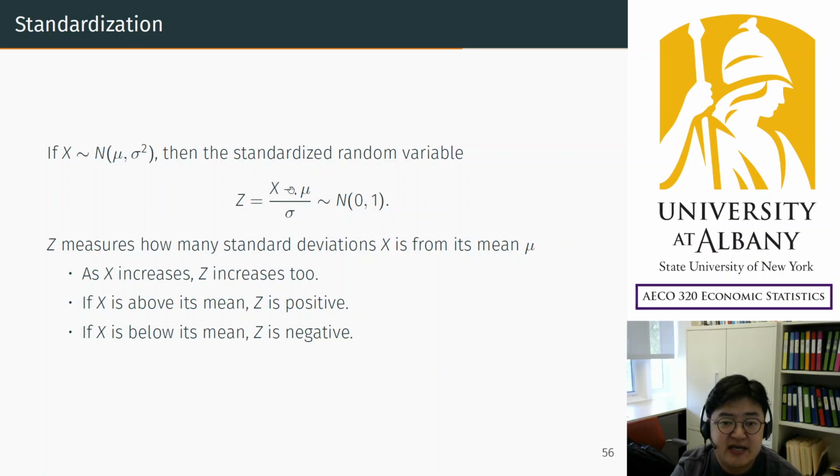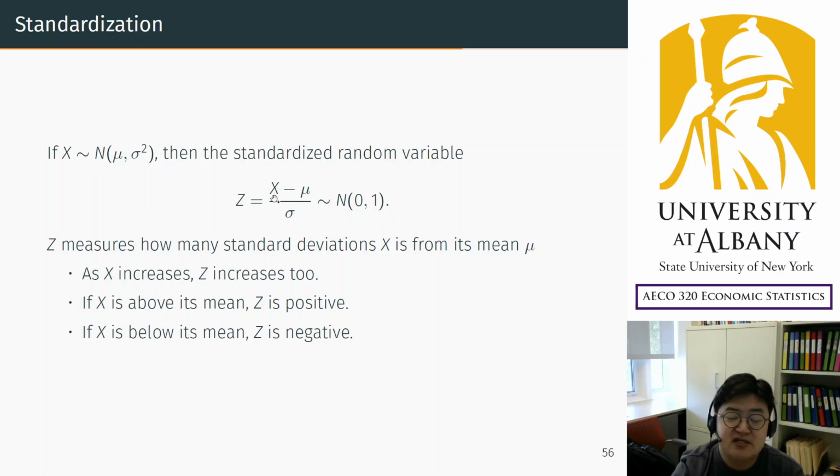So x minus mu is the distance between x and the mean, and you divide it by sigma. So you rescale the unit into standard deviations. Okay? So for example, if z is -2, that means a realization of random variable x is 2 standard deviations below its mean. That is how you interpret the standardized random variable.